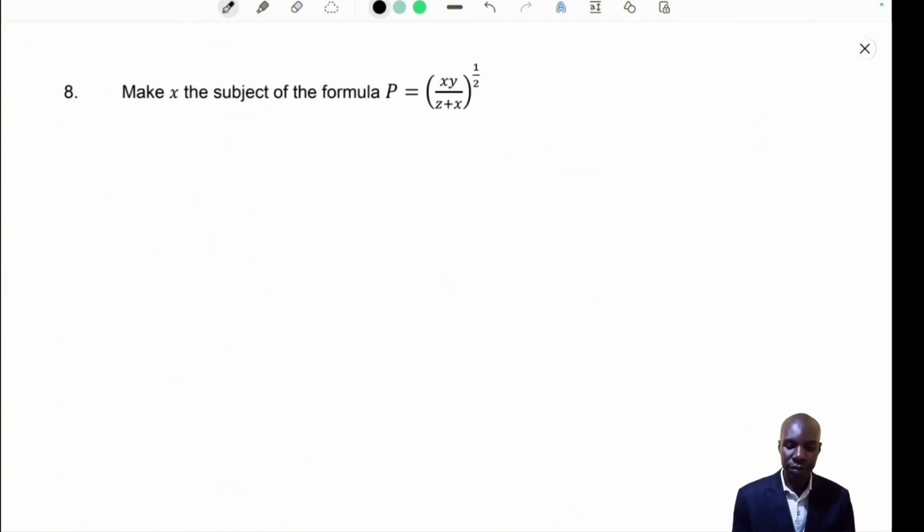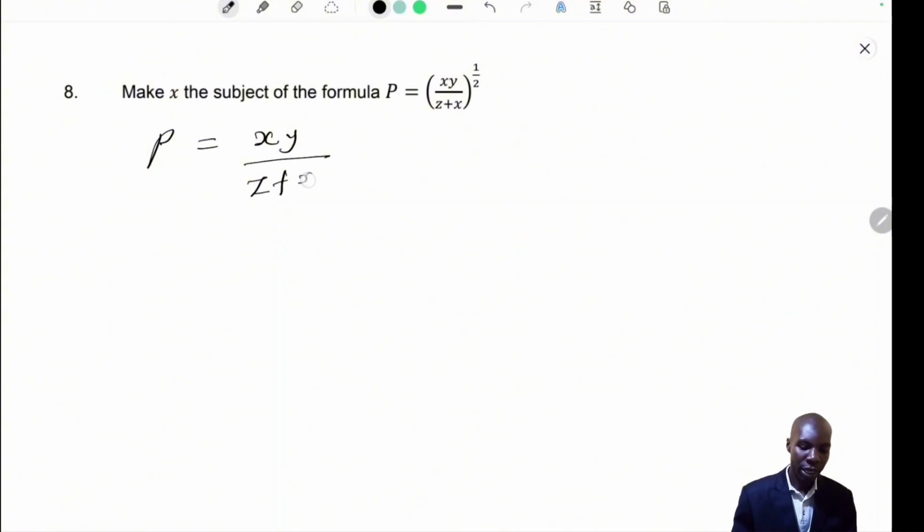Number 8. Make x the subject of the formula. So we are given p equals x y over z plus x, everything to the power of a half. If we want to make x the subject of this formula, we can square both sides to do away with the power of a half.